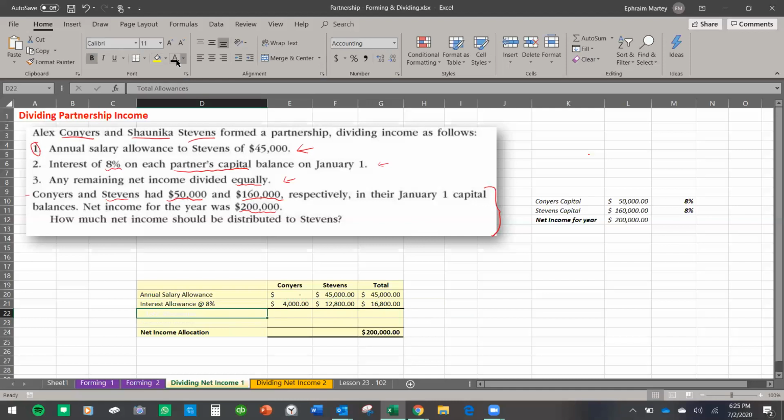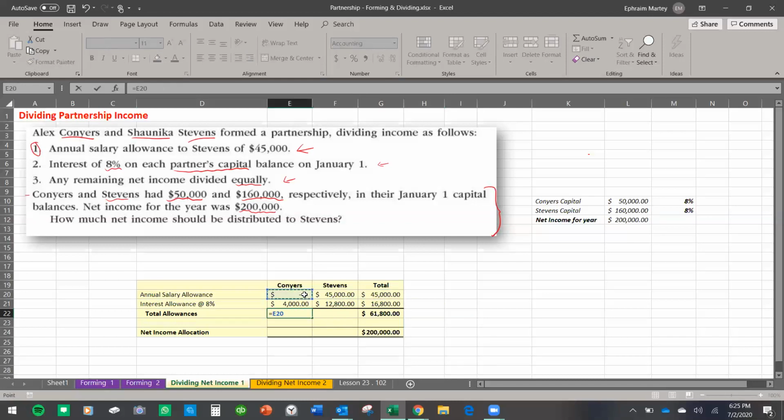Our total allowance will be the total for annual allowance plus the total for interest allowance. This is how much both of them have received. You can add it this way, this plus that, and if you drag it, that will give you the same answer.